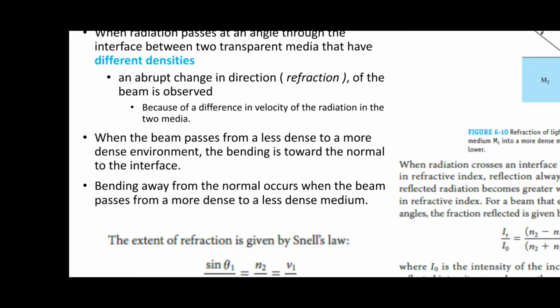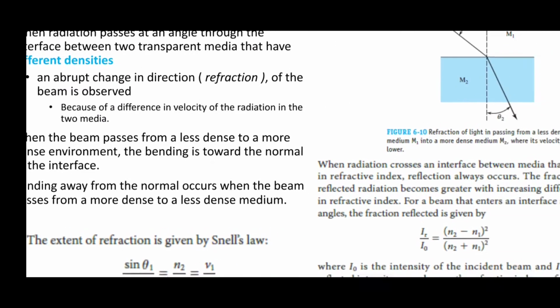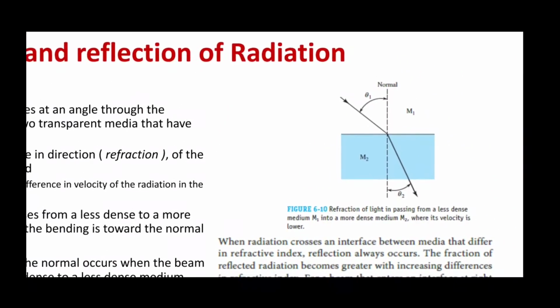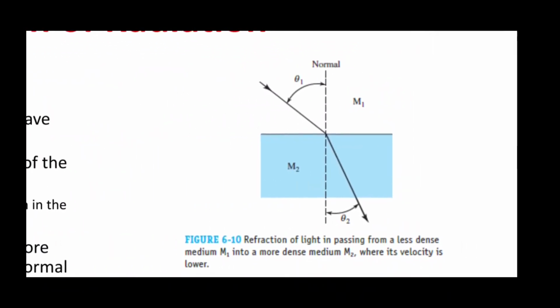When the beam passes from a less dense to a more dense environment, such as from air to water or glass, the bending is towards the normal to the interface. See that this is the normal, and the bend is shown in m1 and m2.